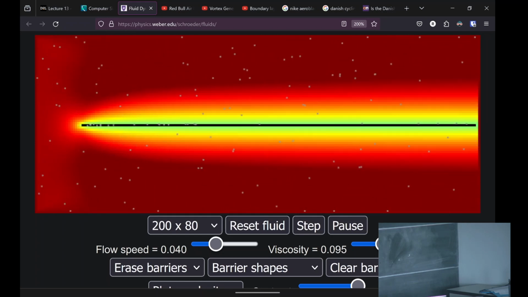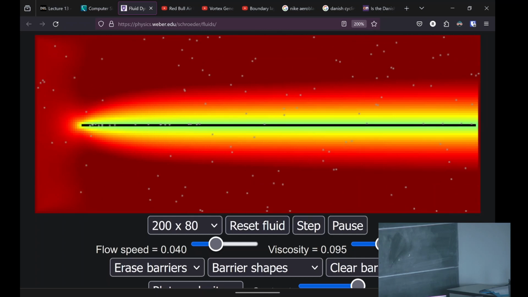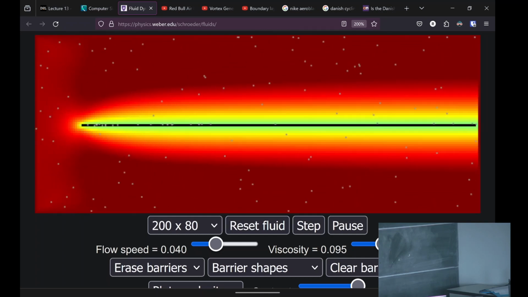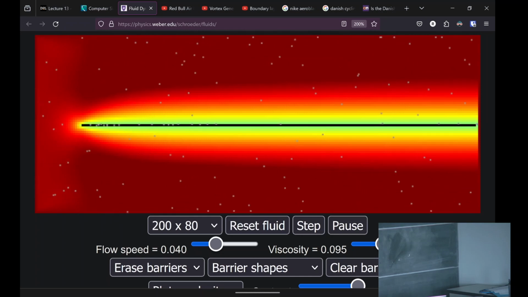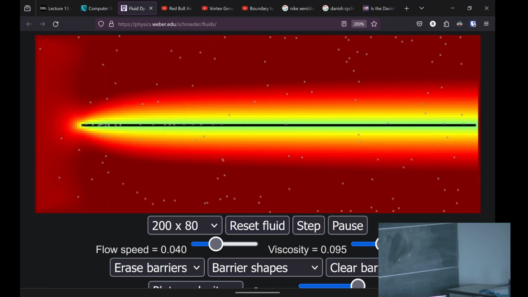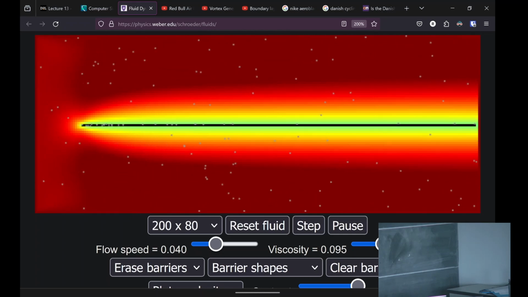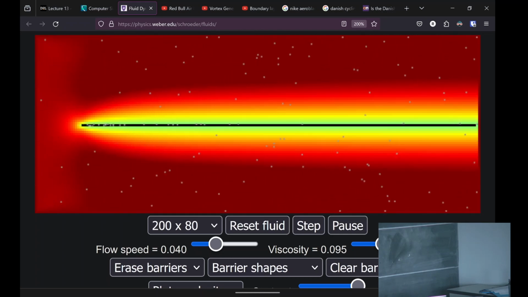So yes, it does happen, but it's a very small effect. It affects a very small scale, but it produces major forces that we have to account for. Any other questions?